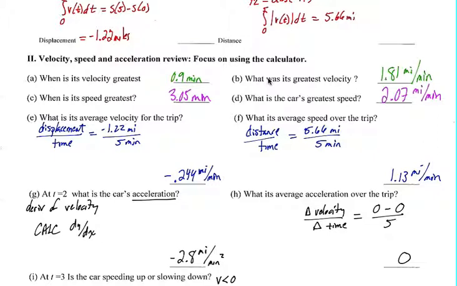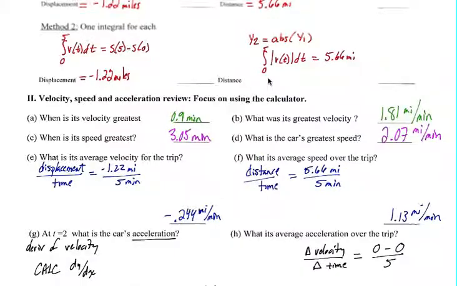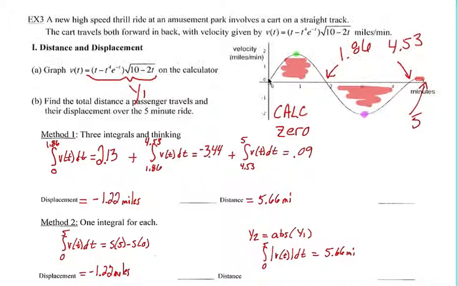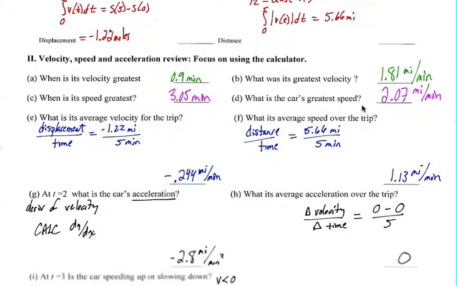And the other thing we can get from the graph is that at 3 the velocity is negative, and the graph here is concave up. If we're concave up, that means that the second derivative is positive, and the second derivative is the acceleration.